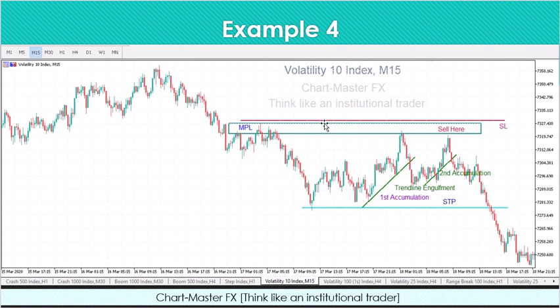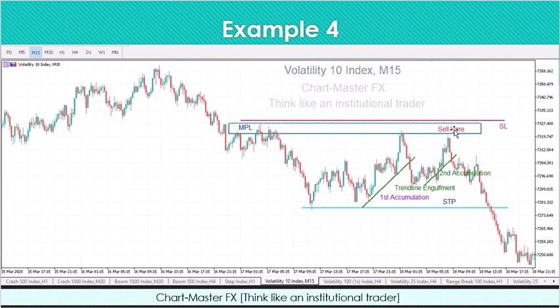In example number 4 here we are on volatility 10 index M15. So, guys, the first thing that you need to look for is an MPL. Do we have a significant MPL or any other decision points that are valid? In this case, we had an MPL here. So what happened, guys, is that we had a first accumulation here. Once we had our first accumulation, we can see that the price was able to engulf this trend line, and you can see that the price compressed coming up to the MPL.